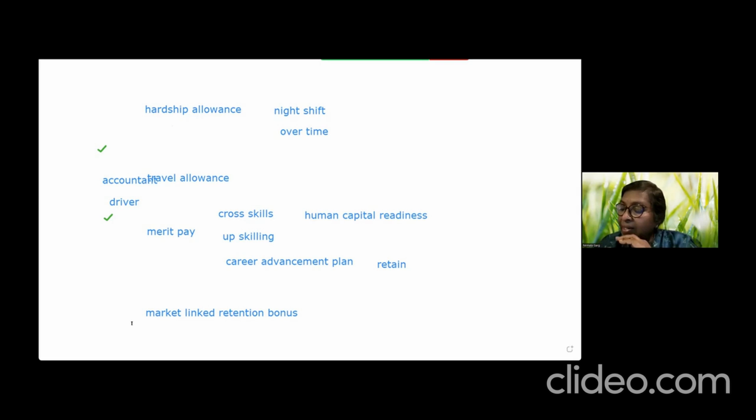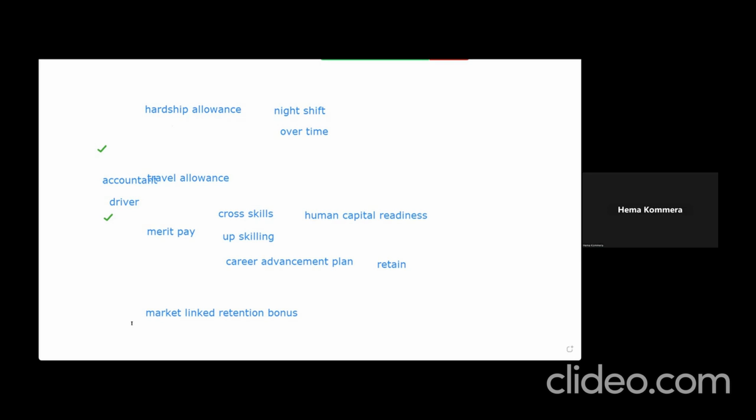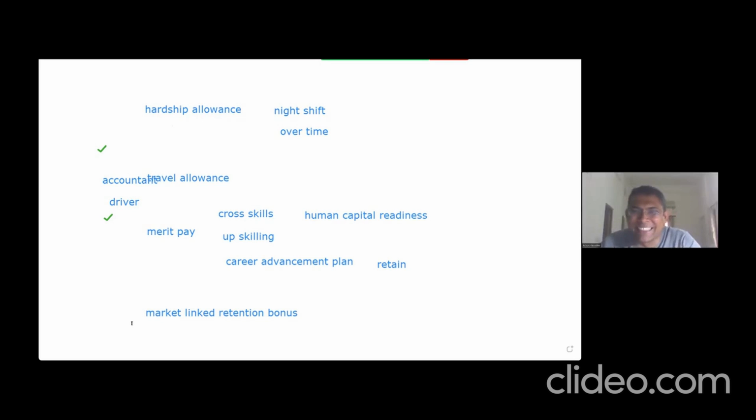Have you heard of this market linked retention bonus, guys? Yes, no? No. Heard of retention bonus, but not market linked. Yeah. Retention bonus. Any IT people? No, actually, market linked retention bonus, I haven't heard.